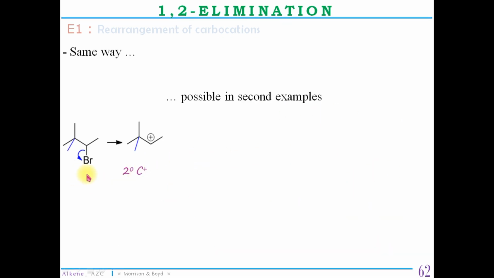In the second example, rearrangement of the carbocation occurs in the same way, where in the first step removal of the leaving group gives a secondary carbocation, and then because of rearrangement we get a product which has a different skeleton from the starting material. How will it take place?